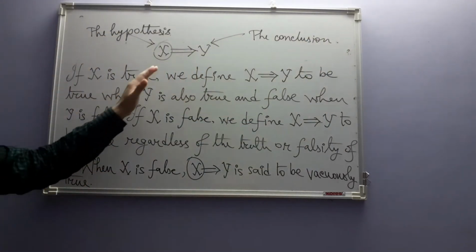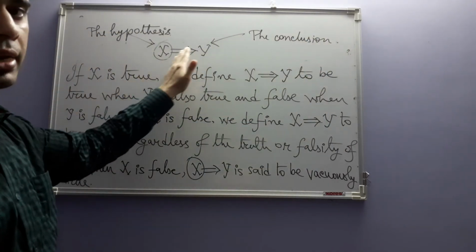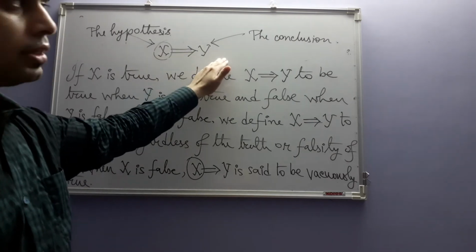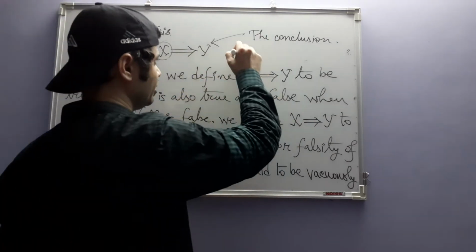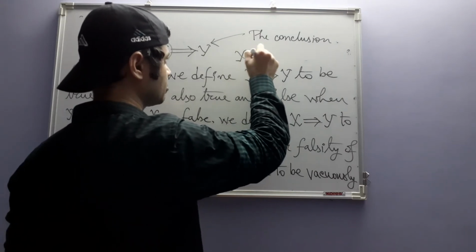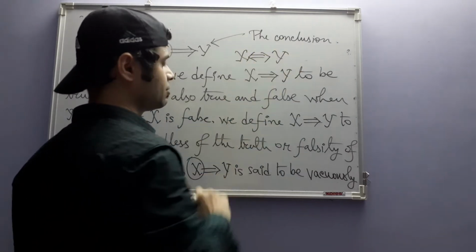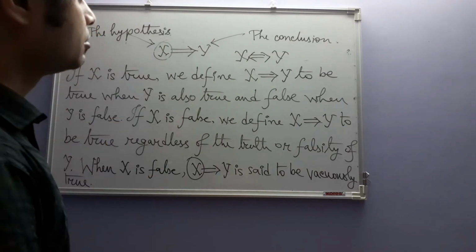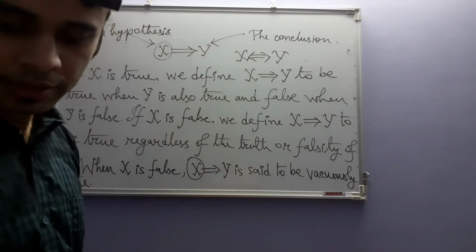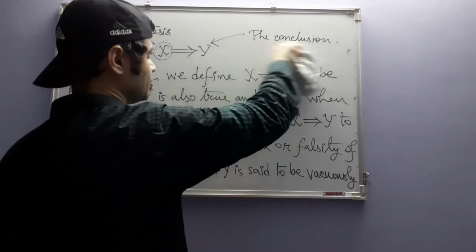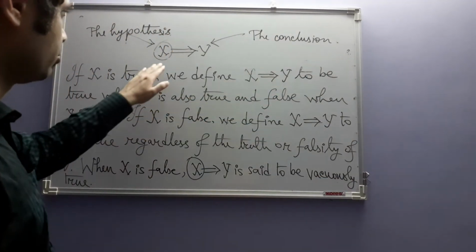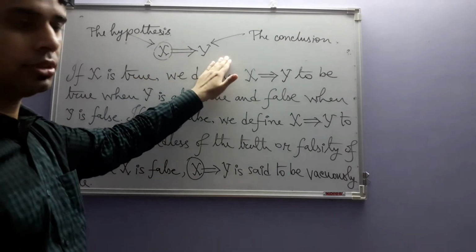So an implication has a hypothesis and a conclusion because there is a direction. In case of if and only if, there was no direction, and both the directions were there. So that is a different case. But in case of implication, there is a clear direction. We are going from hypothesis to conclusion.